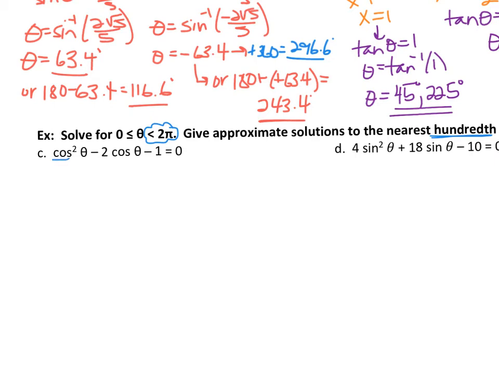Again, we have a quadratic and a linear term. That means we're going to rewrite them in terms of x. This would be x squared minus 2x minus 1. If we try to factor this, there aren't two numbers that multiply to get negative 1 and add to get negative 2 at the same time. So this one does not factor.